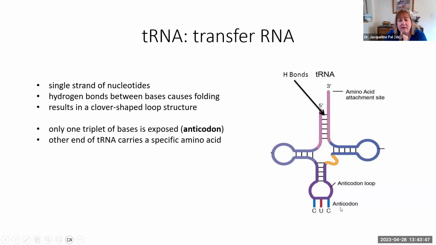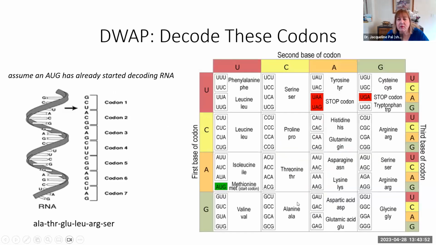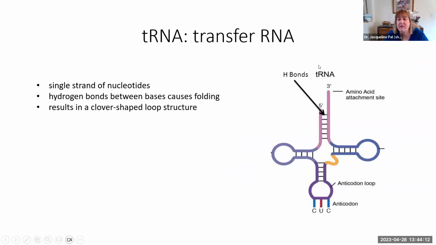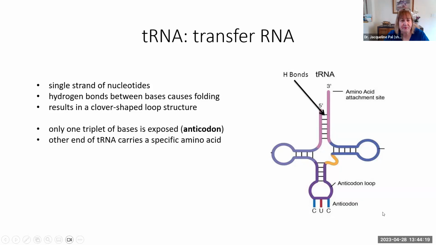So you would not take this CUC and go back to the table to figure out what it would be coding. You would not be adding a leucine. You would be going by GAG. So that would be a glutamic acid is what the amino acid would be. So we'd have a glutamic acid at this end, and the anticodon CUC would attach to a GAG.